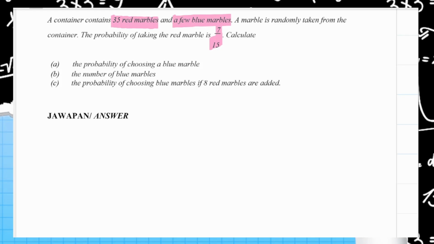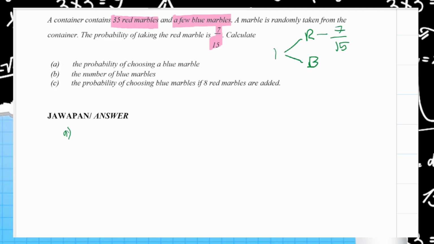So how to find? If you see, we only have red and blue, right? So when the probability given for the red is 7/15, if you want to find the blue, here is the relation.